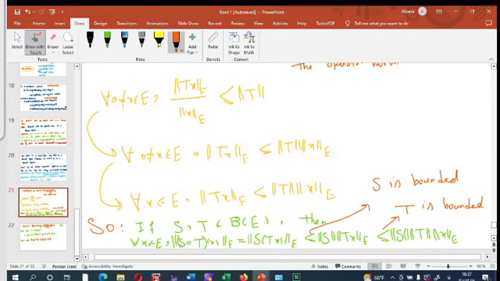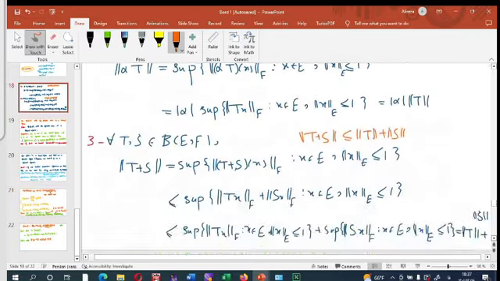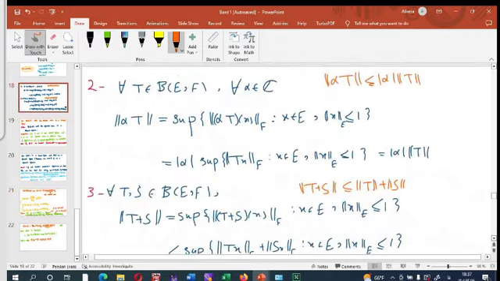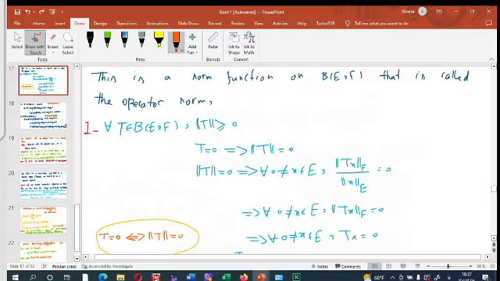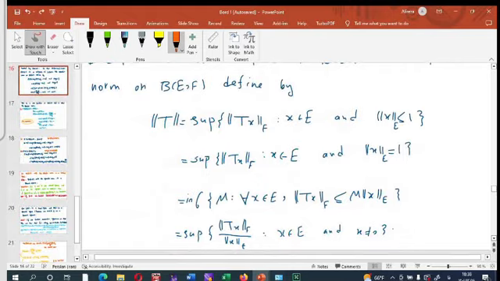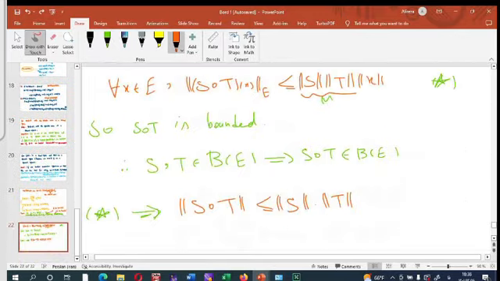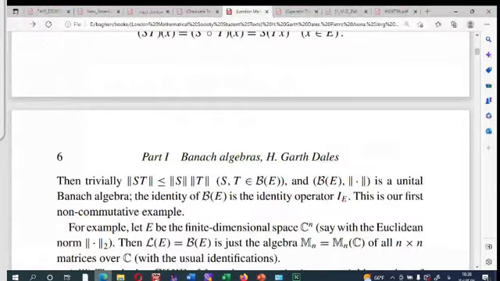Please note these important inequalities. We consider this, for example. So we have this property.